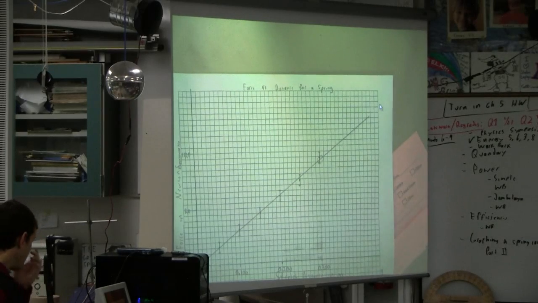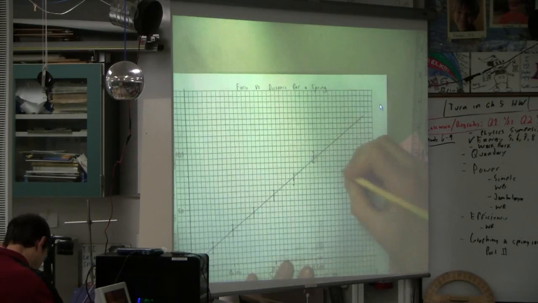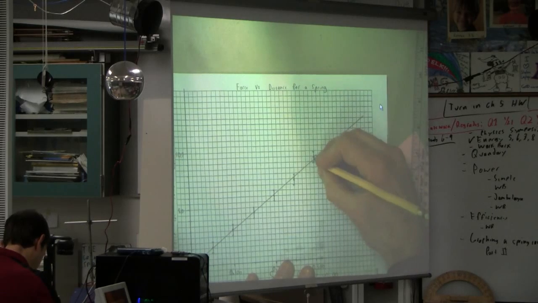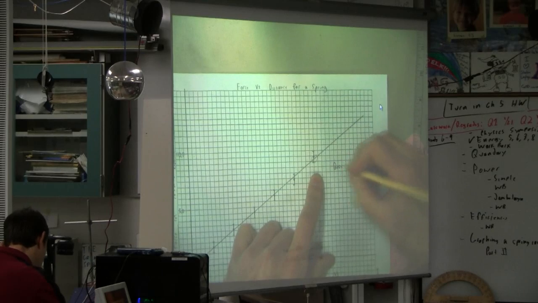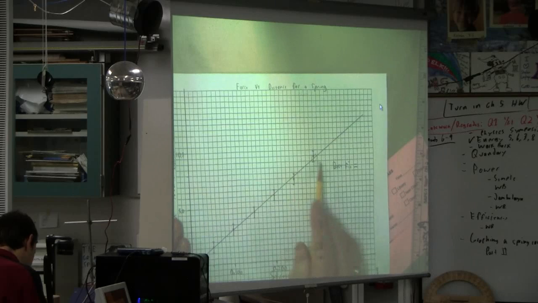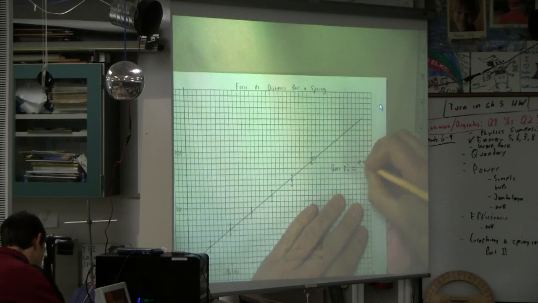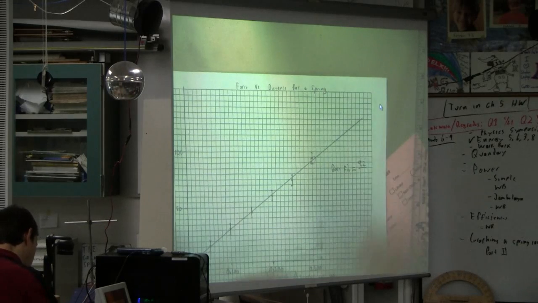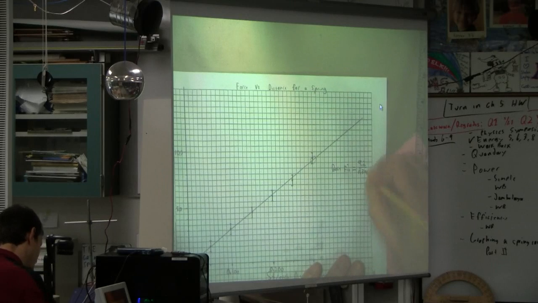Now, as luck would have it, my line goes right through the origin there. And so the rise and the run are really pretty simple here. So I just have to read it off the graph. So the best fit line slope is the rise, and the rise looks to be 9.2, I think, for me. And the run is 0.3, 0.300 or something like that, right?